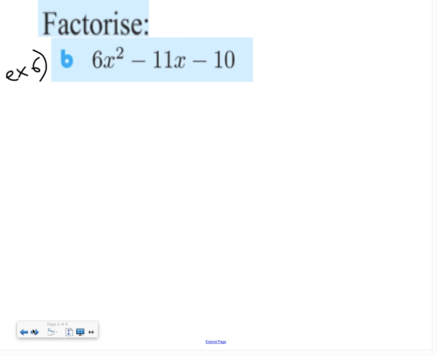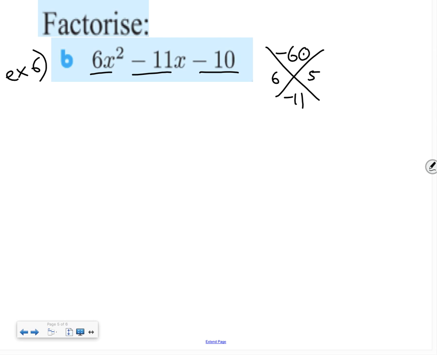Example 6. Same process. A times C. My B. So what multiplies to 60 and adds to 11? I'm going to get a 6 and a 5. Okay, one of them must be negative.